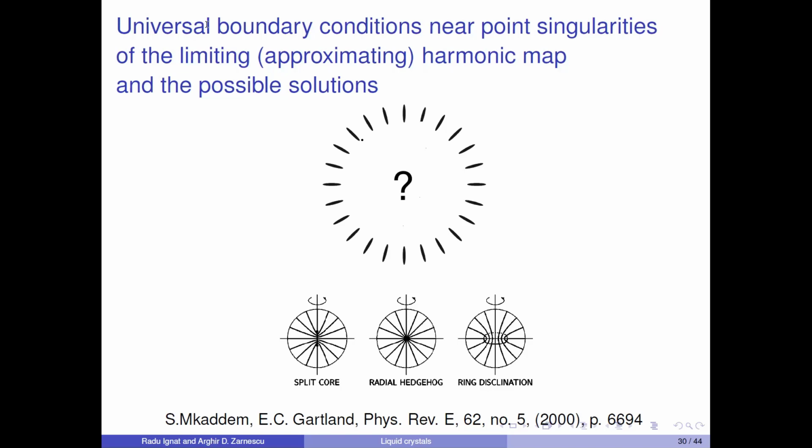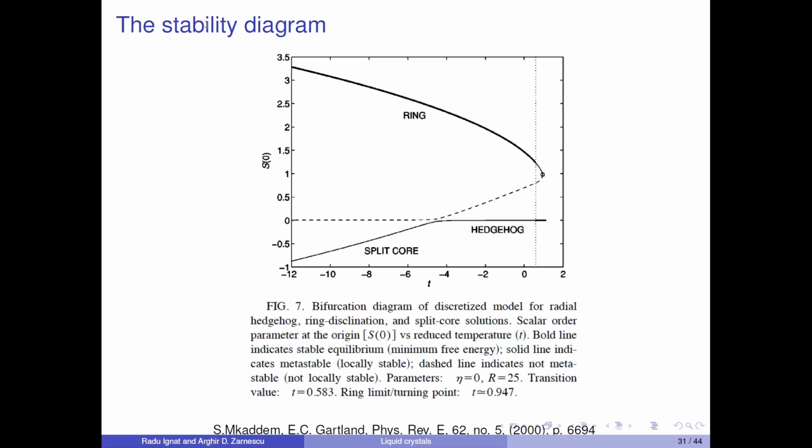Okay, so what can we do? Well, this is the stability diagram, which tells you what happens when you change temperature, so A will move in the opposite direction. Basically this says that as you go with A increasing, you'll have this as the global minimizer, and then you'll have this more complicated symmetry breaking solution taking place as the global minimizer.